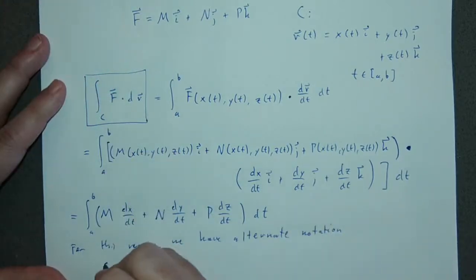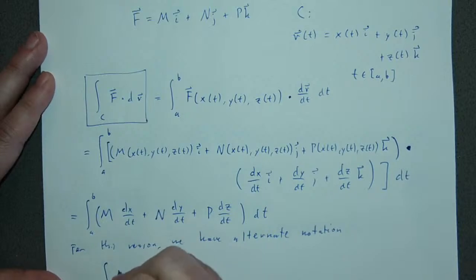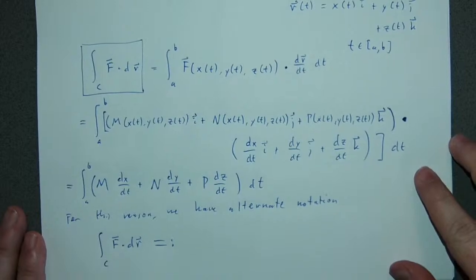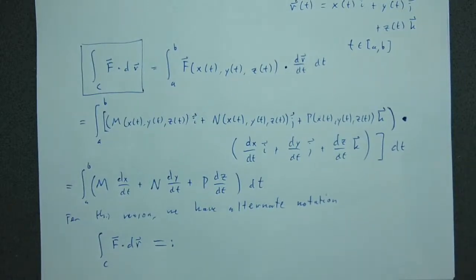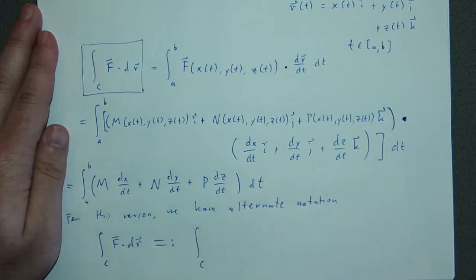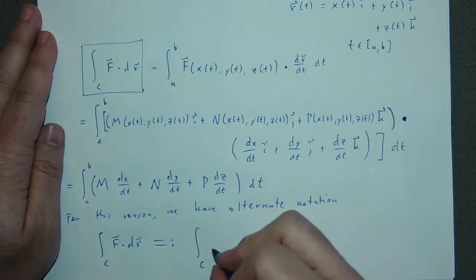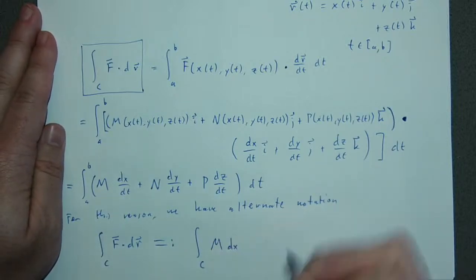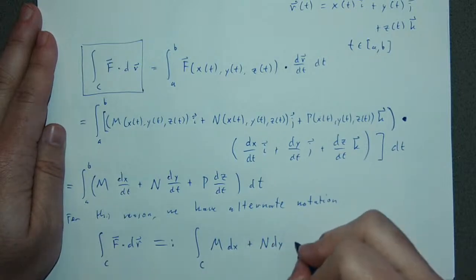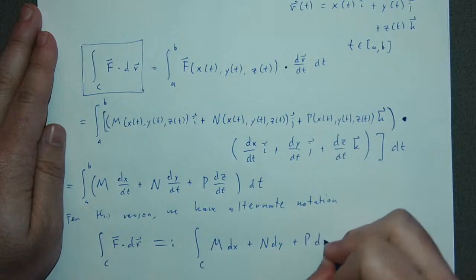For the line integral over the curve C of my vector field F, I could write this. This is a definition, and the definition is from right to left, so the thing on the right is the thing in symbols. This is the integral over C of M dx plus N dy plus P dz.